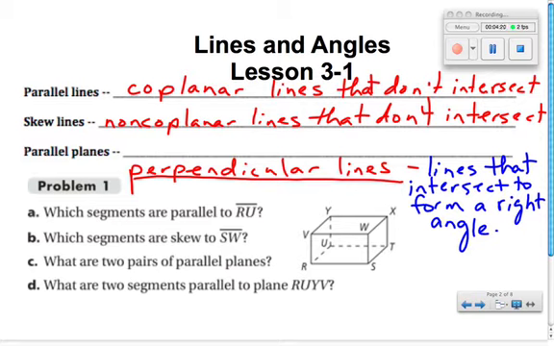I wanted to make sure to formally address that before we start talking about it. And then parallel planes are exactly what you think they would be. They're just planes that don't intersect.